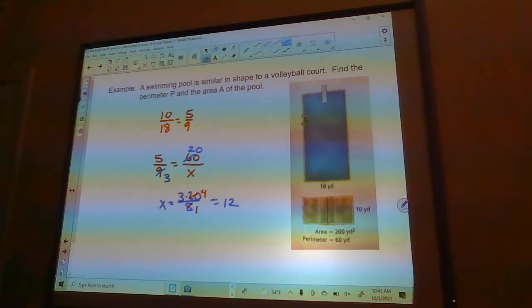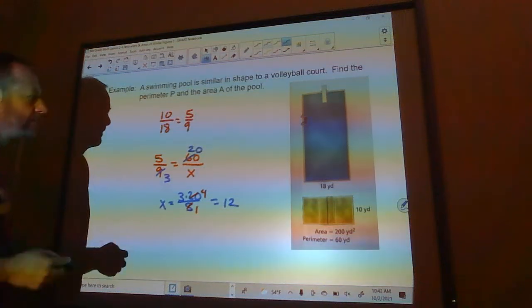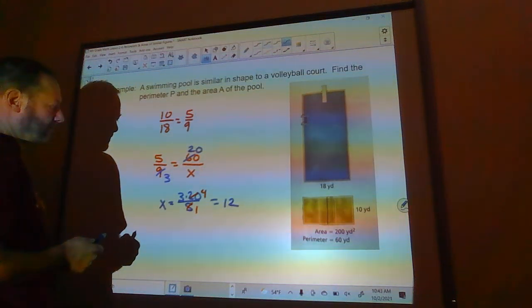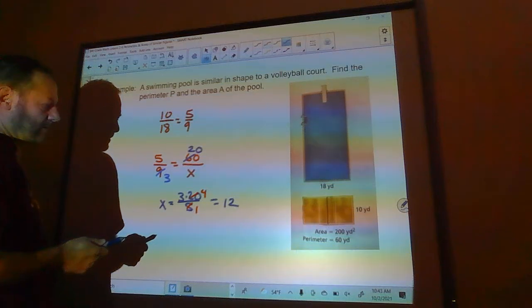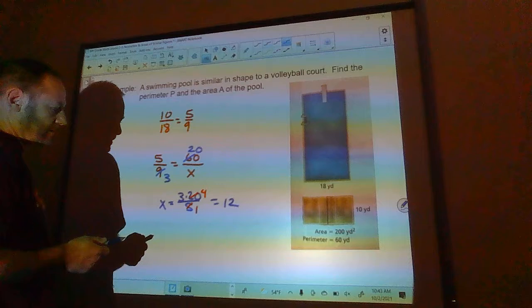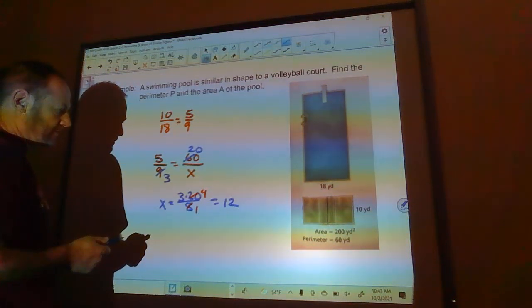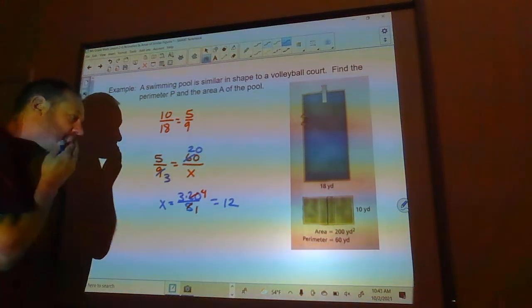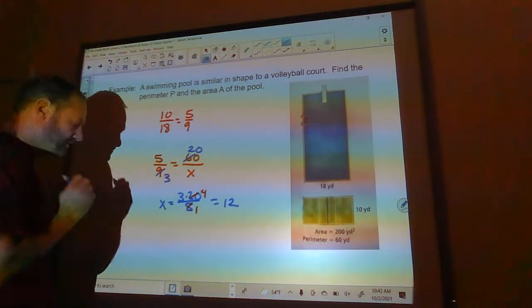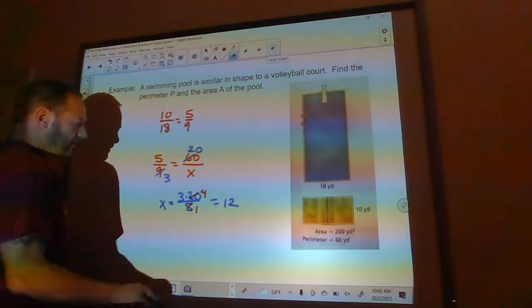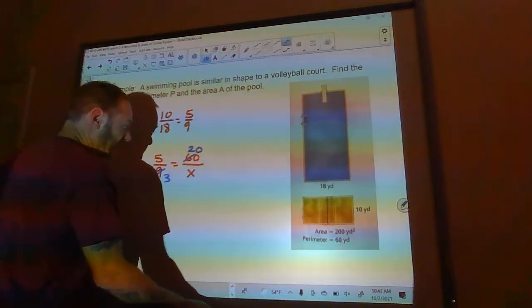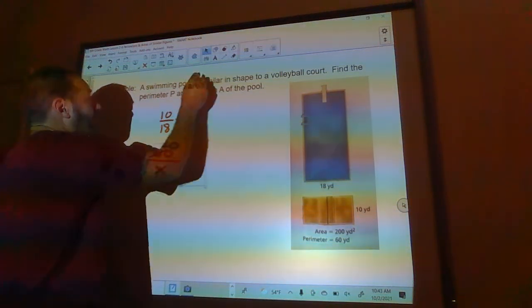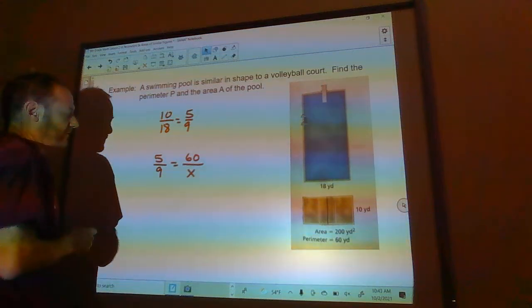And that's wrong. What happened? The perimeter is 60 yards. That can't be right. Somewhere I made a mistake. Oh, you know what? I should not have canceled these here. Let's try this again.